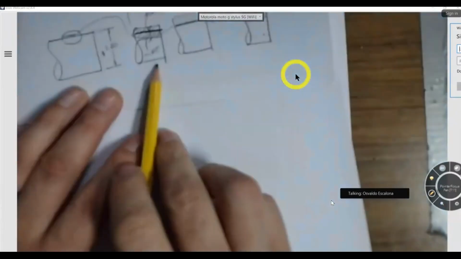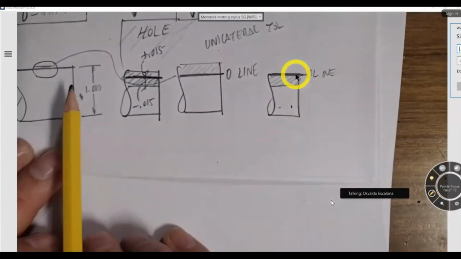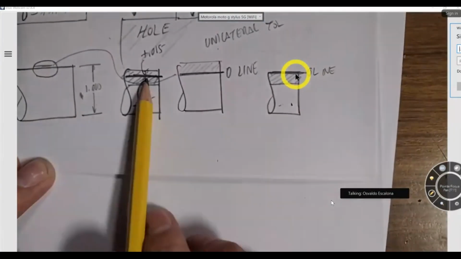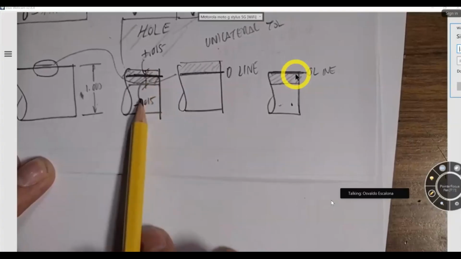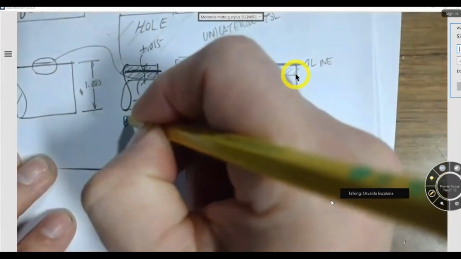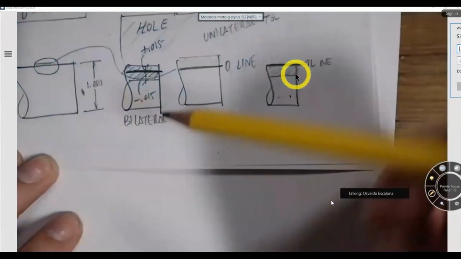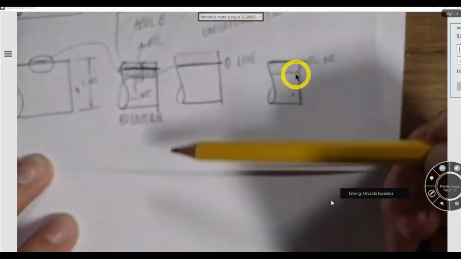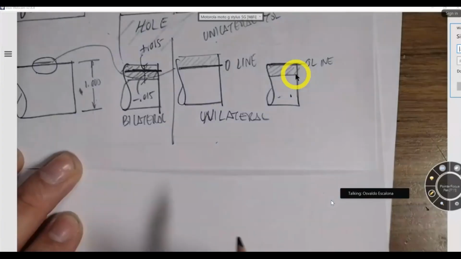If I were to have a shaft that is 1 inch, and I have the zero line and I go up 0.015 and down 0.015, we call it equally distributed, because here it's equally distributed in both directions, right? This guy we also call bilateral. Why is it called bilateral? Because I go on both sides, right? This guy is unilateral, because I only go one side.